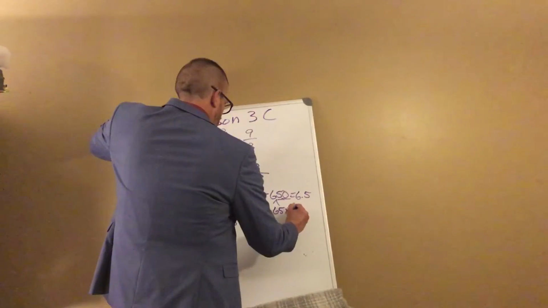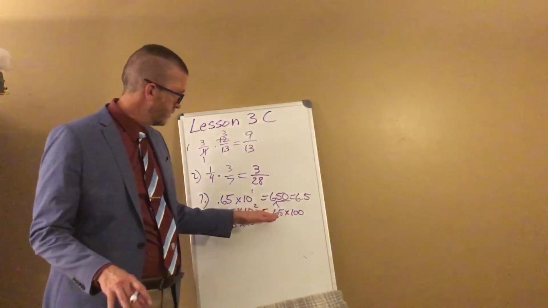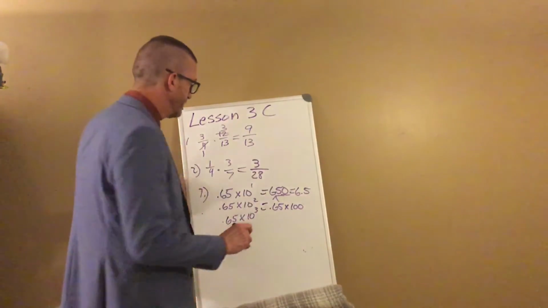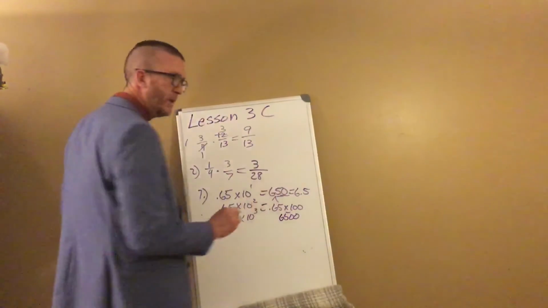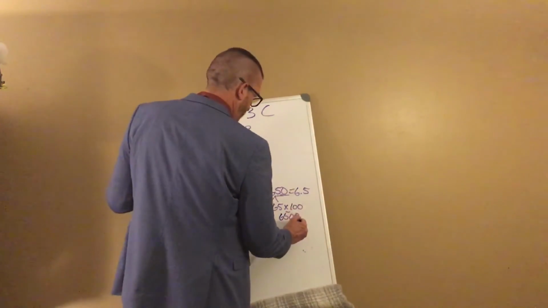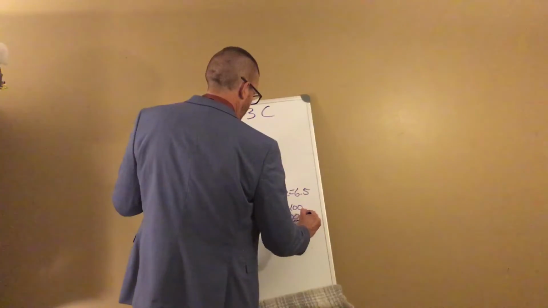6/500 times 100. I like to leave the decimal out, so I'll just do 65 times 100. 65 times 1 is 65. Add 2 zeros. Then I'm going to look at my decimal places. 2 decimal places. We move it once, we move it twice, we insert it there. 65.